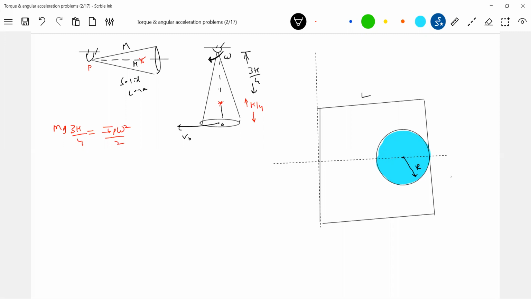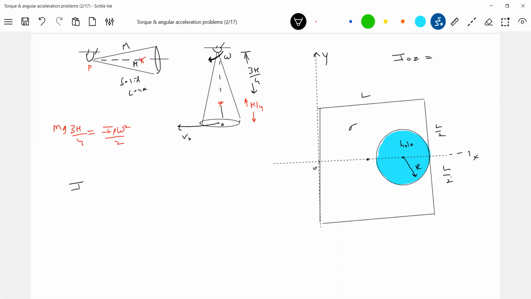This is a square plate of side length L and density sigma. Then what is the moment of inertia about the z axis passing through the origin? I_OZ has to be determined here. This is a hole. Then what should be the approach? Again, like in the center of mass, first we calculate the moment of inertia of the square plate, then that of the circular disc, then we subtract. We'll get the required answer.